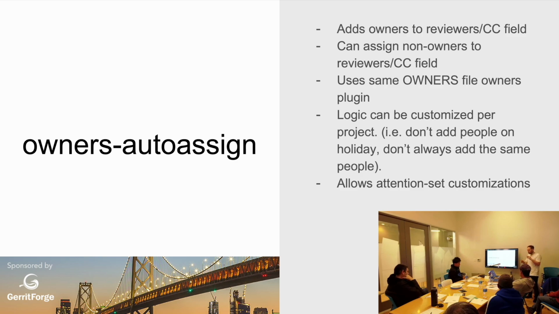In the owners file, I didn't show this, maybe I should have, you can have another section, which is reviewers, and it can add reviewers that are not owners. It's not going to request these reviewers to approve that change. And most importantly, it uses the same owners file as the owners plugin. So you only have to maintain one owners file and you're off, hitting the ground running.